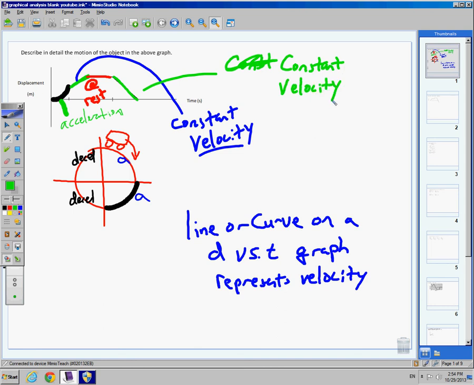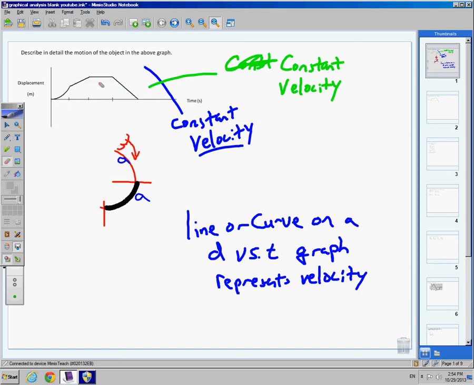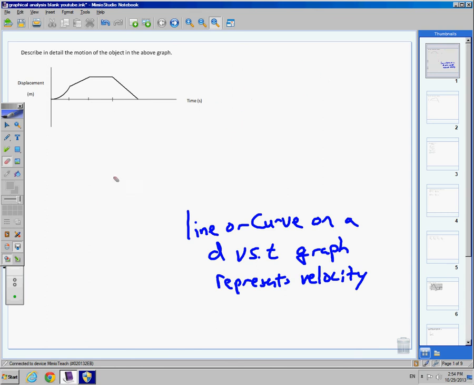All right. Now, what is the difference between all of these here? Well, I'm going to erase this, and we're going to look at this again. Since all of these are above the x-axis, we have to figure out what direction it is. There's no line below the x-axis.